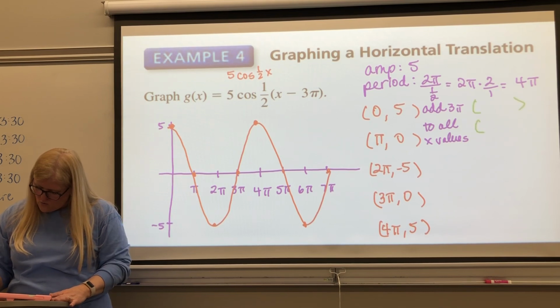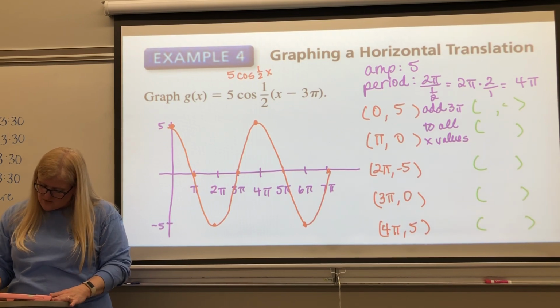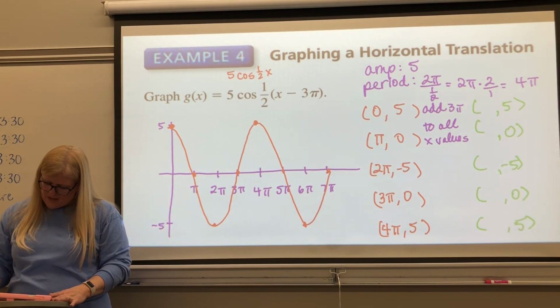That means my y's are all going to stay the same. So 5, 0, -5, 0, 5. And I'm just going to add 3 pi to all of these. So 3 pi, 4 pi, 5 pi, 6 pi, 7 pi.